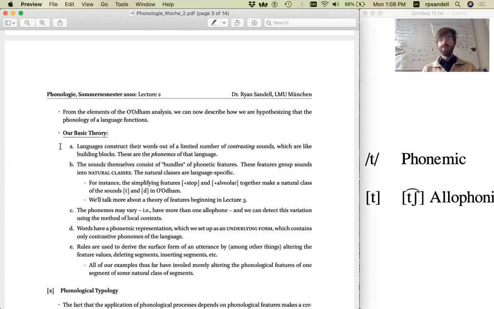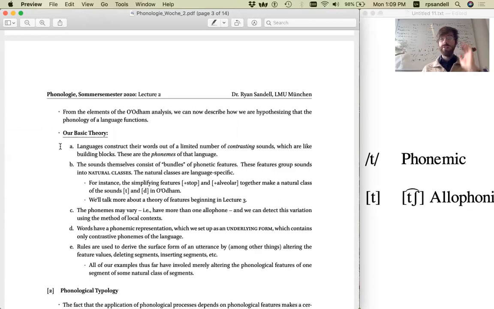Not going to concern myself with the niceties of morphological and syntactic structure here, so we'll just say words for the moment. We'll say that words are constructed out of a limited number of contrasting sounds, and we can think of those as building blocks, and those are the phonemes of a language.